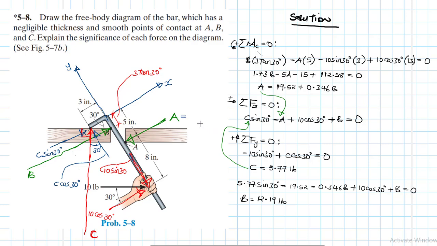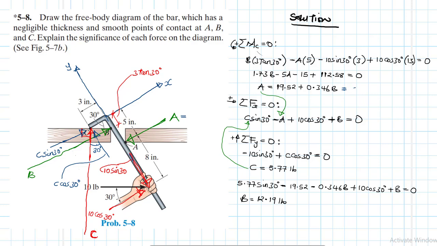My A is equal to, what is my A equal to? I didn't find my A, right? Quickly, let me find my A. Therefore, my A is going to be equal to 19.52 plus 0.346 times B, which is 4.19.